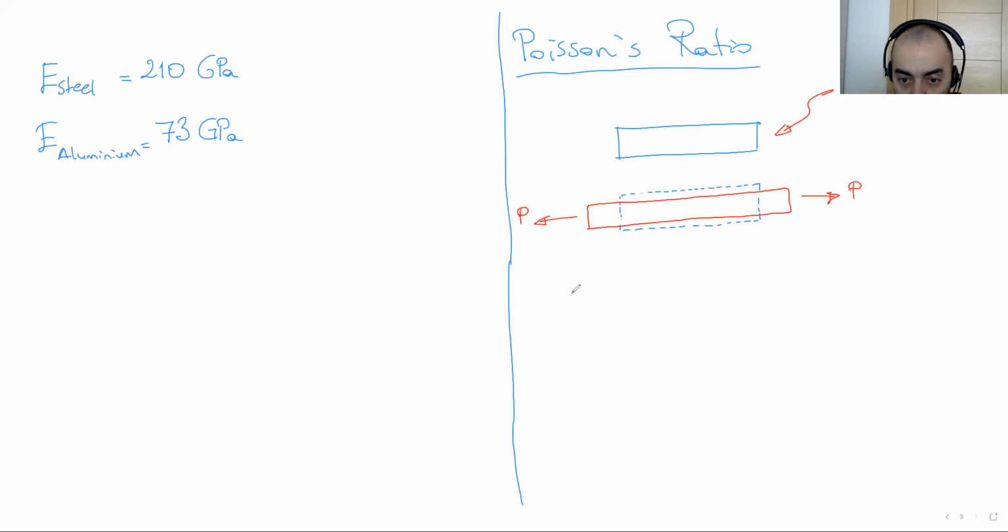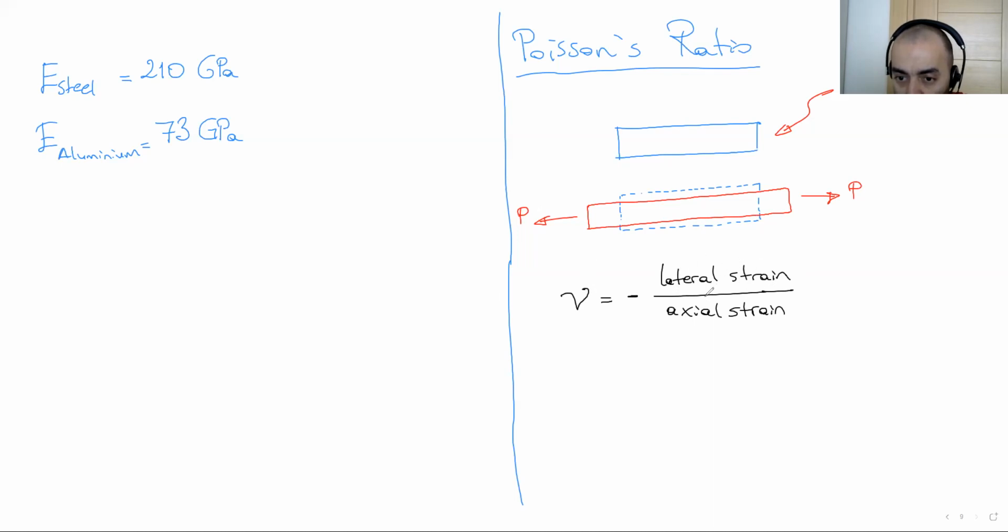The ratio between these two, lateral strain over axial strain. Lateral strain is a negative strain.